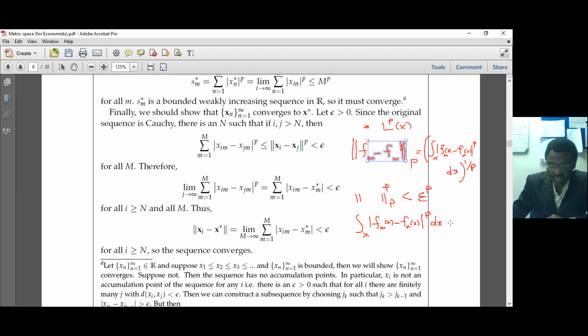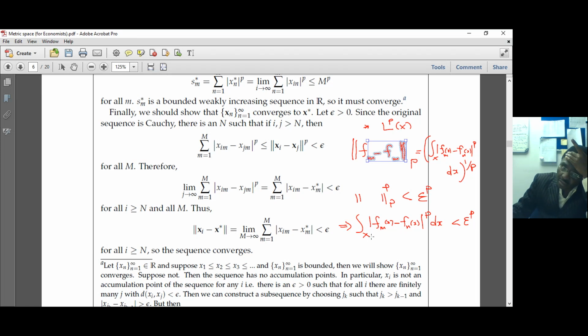And this is this, and then you will write that is less than epsilon to the p, right? Whatsoever the definition of Cauchy sequence then implies, then you are here. Now, don't forget, there is something that we wrote here the other time. Because from here, you can see that this part is in R.